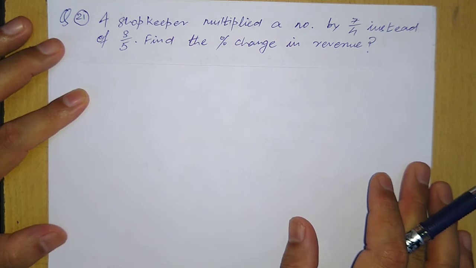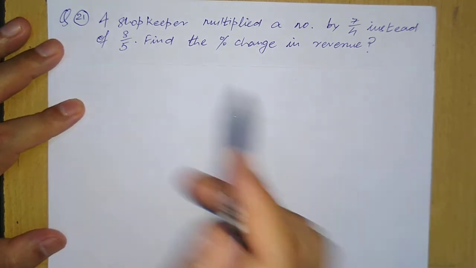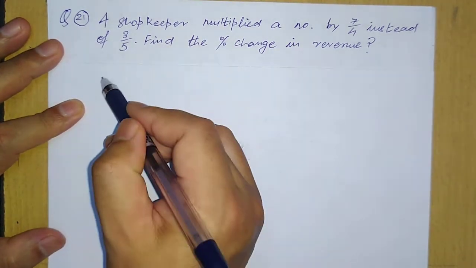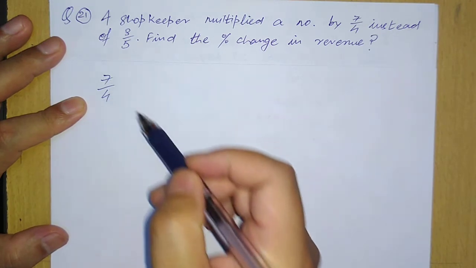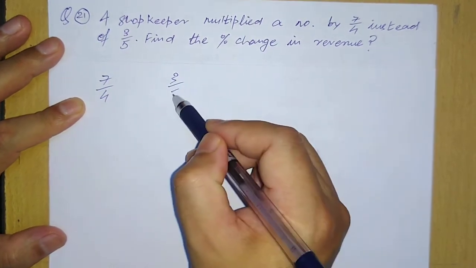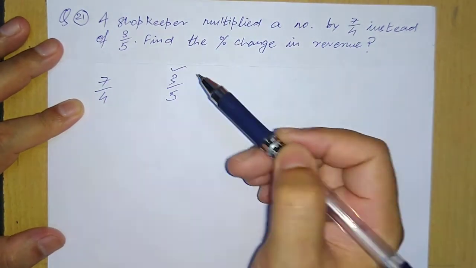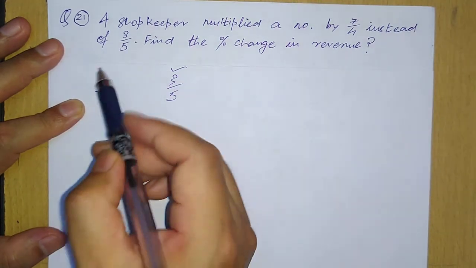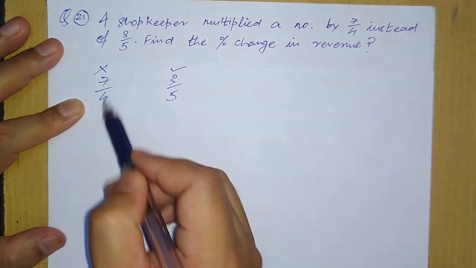Question number 21. A shopkeeper multiplied a number by 7 by 4 instead of 3 by 5. Find the percentage change in revenue. He was supposed to multiply it by 3 by 5, but by mistake he multiplied it by 7 by 4.